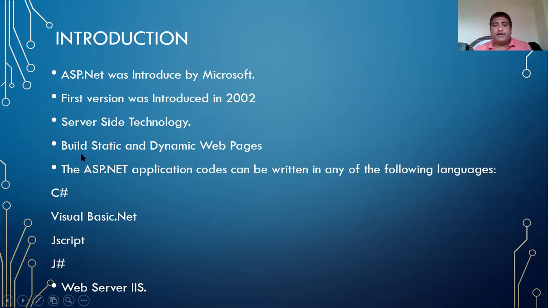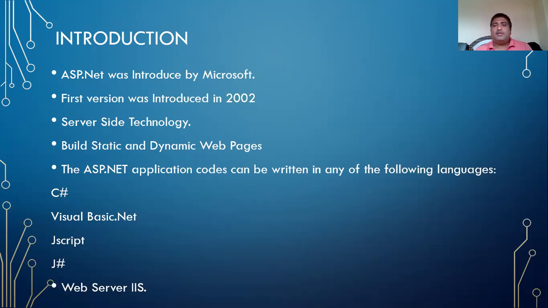So we can build static as well as dynamic websites. The ASP.NET application code can be written in any of the following languages: C#, Visual Basic .NET, JavaScript, JScript. So in any of these languages, we can run the ASP.NET application. For that, there is no need for a separate compiler or editor.